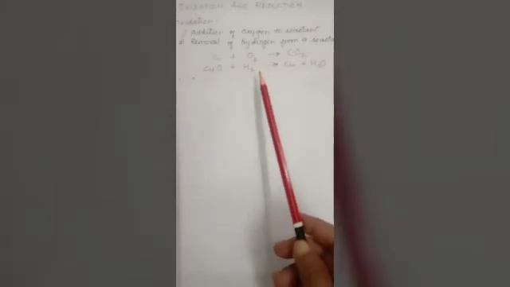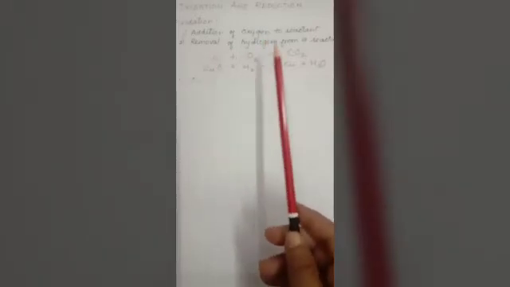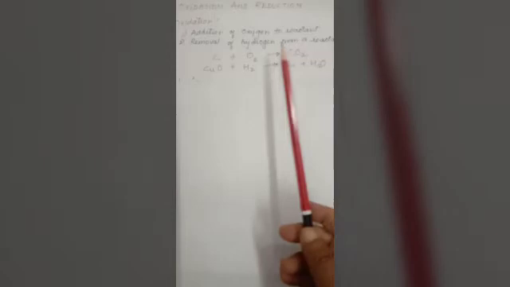reactions are, say, carbon getting reacted with oxygen to give you carbon dioxide, and copper oxide plus hydrogen giving you copper plus water. So over here you can see that oxygen is getting added to carbon and carbon dioxide is formed, so oxidation.